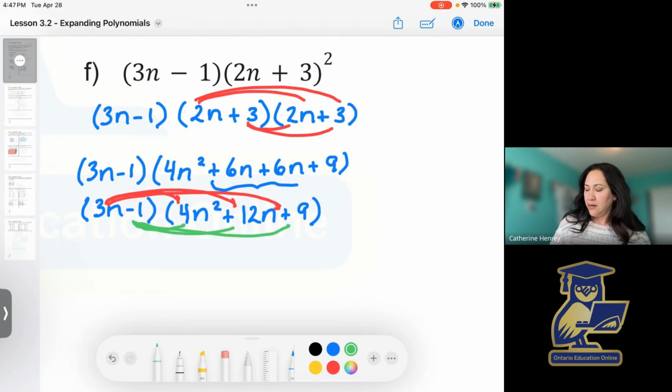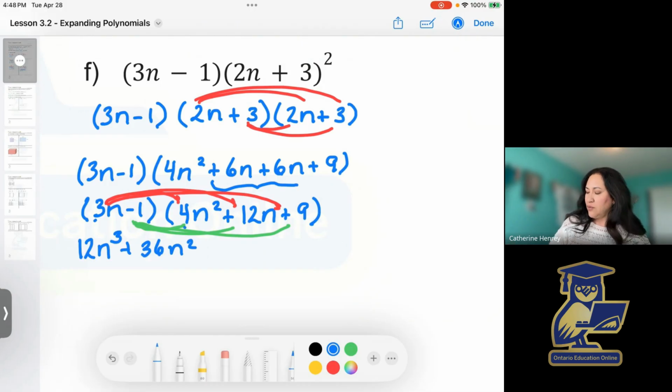Okay, stick with me here. We have 3n times 4n squared. And that will give me 12n cubed, because an n times n squared, we have to add those exponents, so we get n cubed, plus 3n times 12n gives me 36n squared.